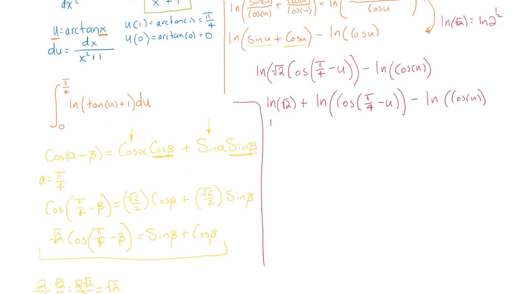So this is equal to 1/2 ln of 2, plus ln of cosine of pi over 4 minus u, and then minus ln of cosine of u.